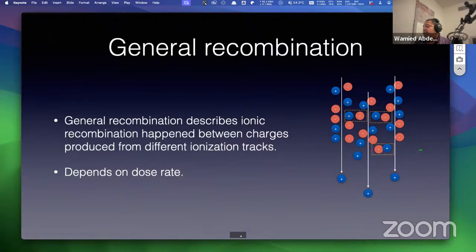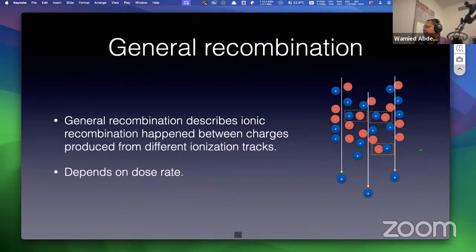However, for newer LINACs, newer treatment machines, for example FLASH radiotherapy, or those mobile electron LINACs that are used in surgery, intraoperative electron LINACs in IORT machines, the dose per pulse is actually very high.